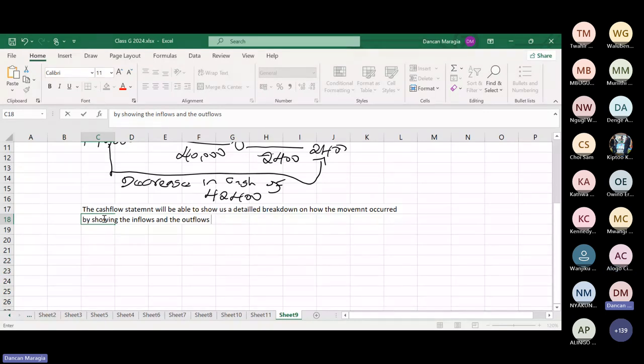But here, the inflows and outflows are categorized into their different classifications. The inflows and outflows will be shown under their different categories.